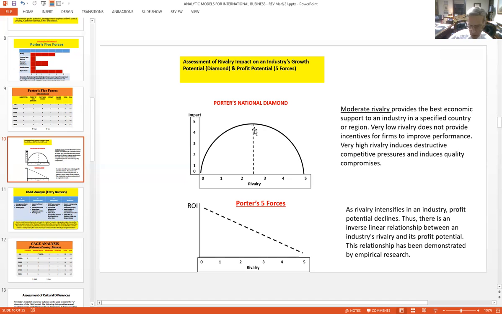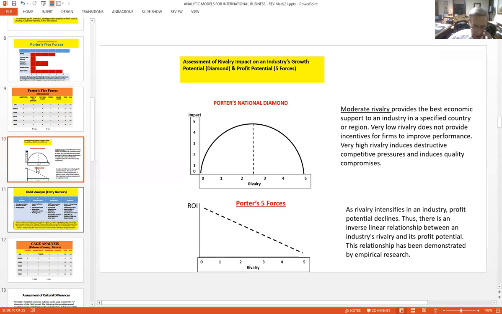Now, not as much empirical work has been done on this issue as there has been on this linear relationship. But this is my experience from consulting, working as a strategy consultant for a little more than 4 decades.